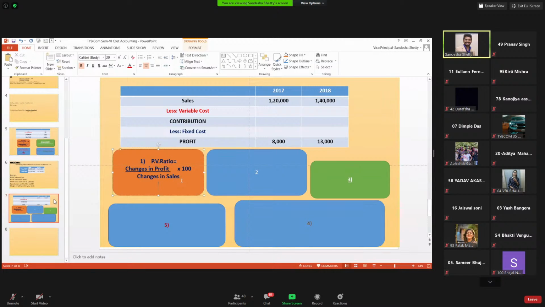Yes, very nice. Change means the difference in profit: subtract the older year's answer from the newer year's. The profit of 2018 is 13,000. The profit of 2017 is 8,000. So the difference is called the change.